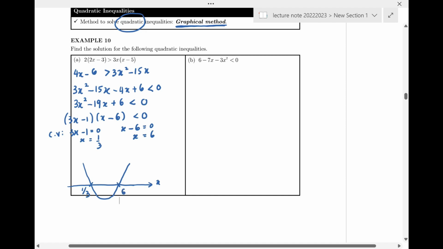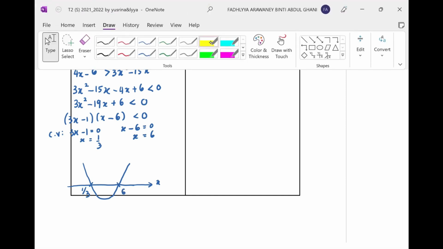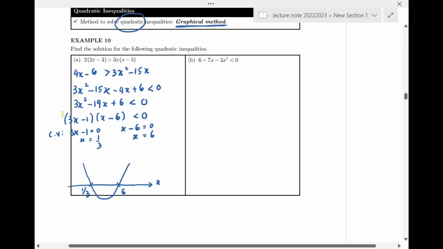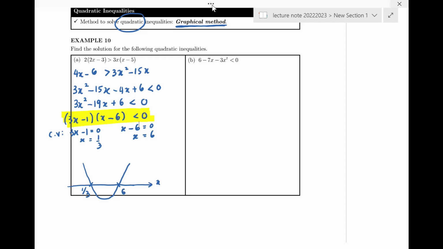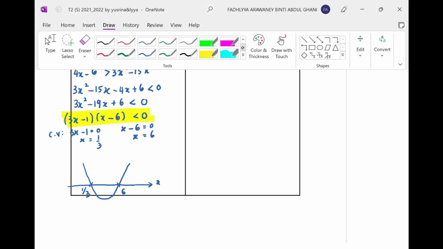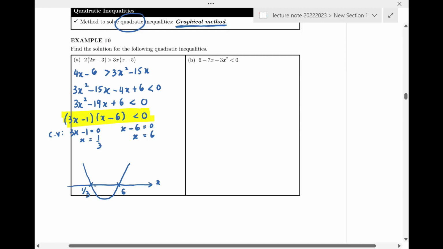Since the question asks for less than 0, I love to highlight what the question asks here. If they ask for less than 0, I will take the part of our graph that is less than 0, which is here.